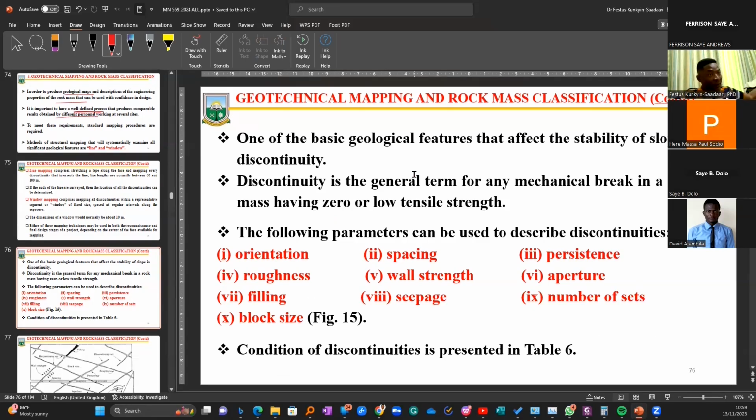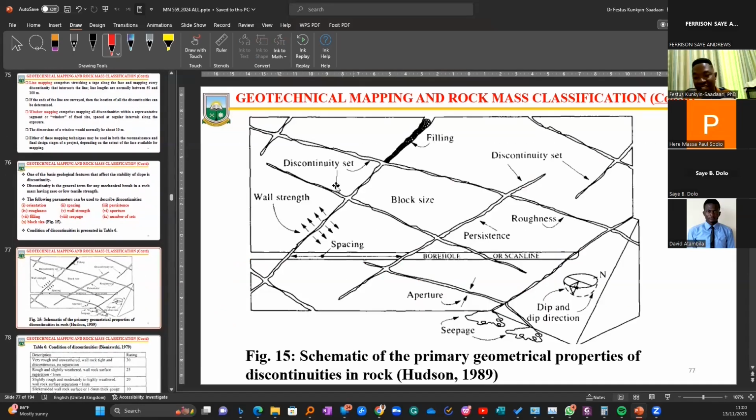If there's a discontinuity, you are able to tell the measurement from one broken block of rock to another block of rock. What is the amount of space provided there? These are several properties that we can see when we are dealing with geotechnical mapping.